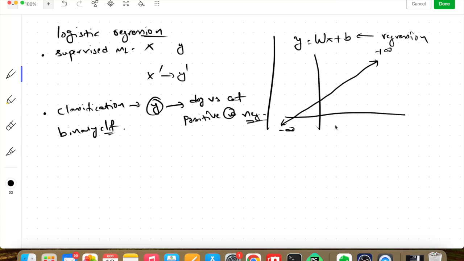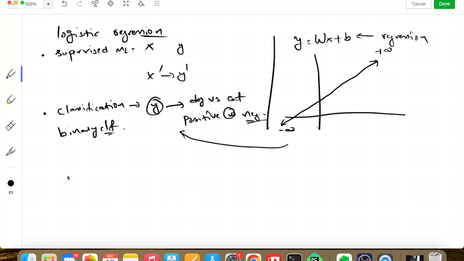But in classification, what we want is, we want the y value to belong to a fixed set of values. We don't need it to be continuous. So is there a way in which we can translate this problem setting into this binary classification setting?